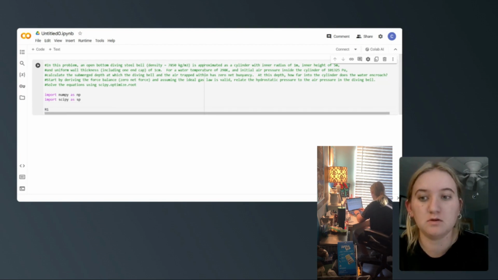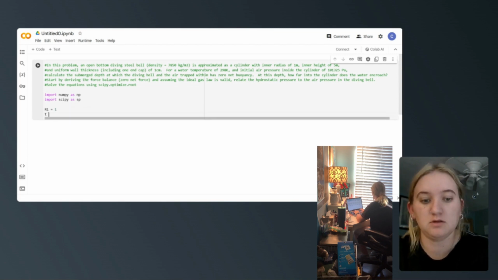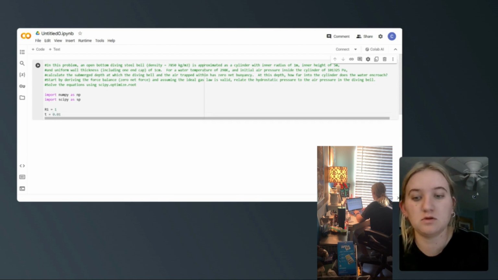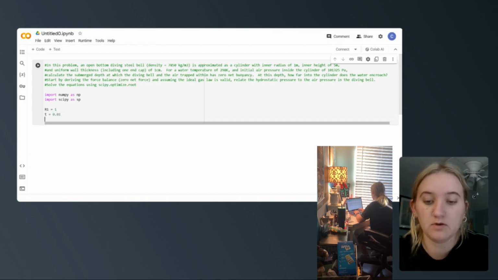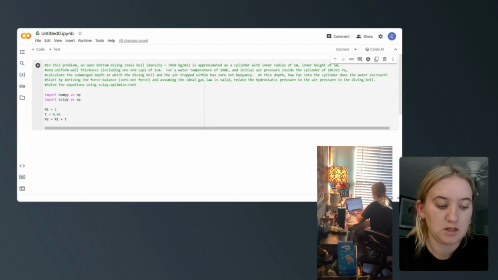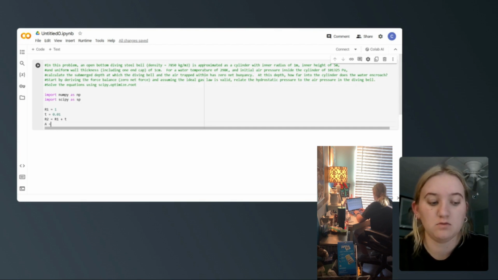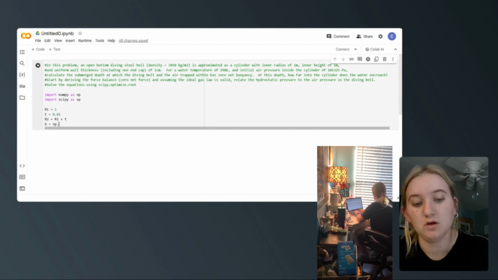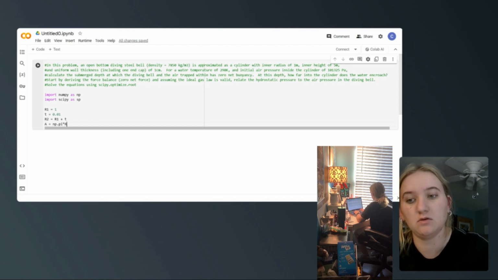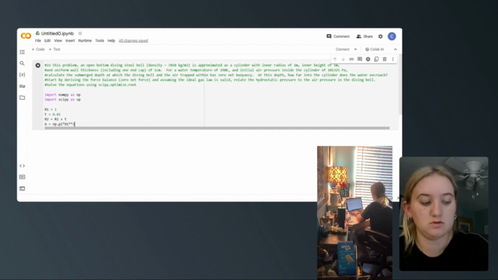So we have R1, which is equal to 1. We're going to have our thickness, which is equal to 0.01. We're going to have R2, which will equal R1 plus T, and then we're going to have an area, which is equivalent to pi R1 squared.